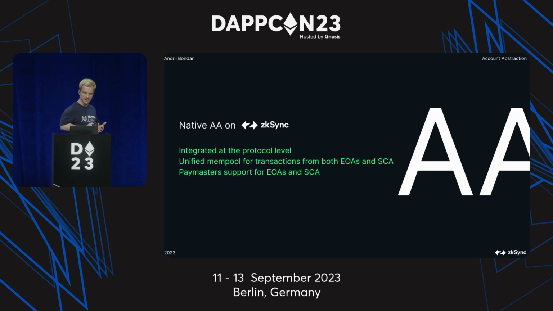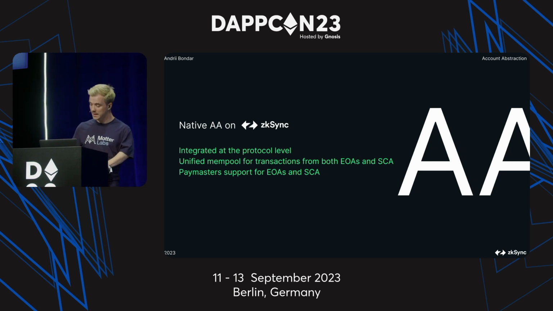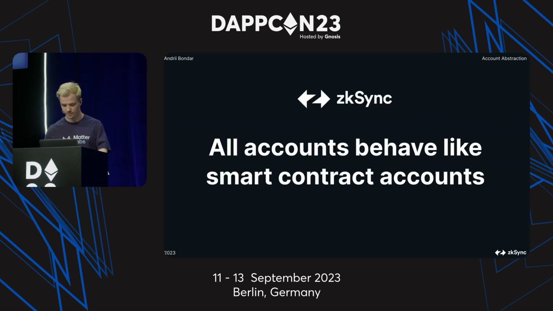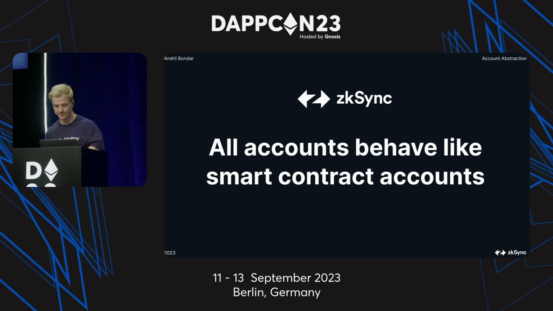And last one, zkSync allows externally owned accounts and smart contract accounts to benefit from paymasters, thanks to its single transaction flow. So on zkSync, if you look under the hood, all accounts, even externally owned accounts, behave like smart contract accounts.